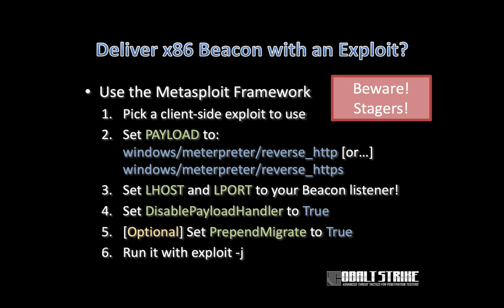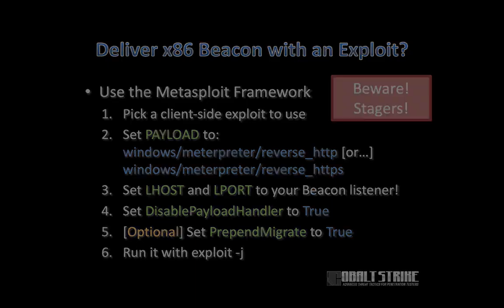Set lhost and lport to point to your beacon listener, and set disable payload handler to true. If the exploit module is memory corruption on an application and you want to migrate for stability reasons, set prepend migrate to true. Once the module is configured, run it with exploit -j. The reason all of this works is because Cobalt Strike is compatible with the Metasploit framework's staging protocol. That said, when you use this process, you are definitely using Metasploit Framework stagers, so be aware of that.